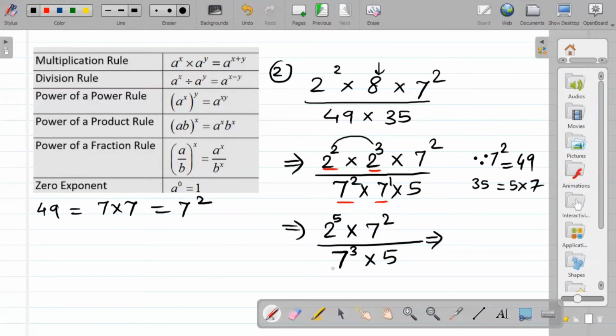Now 7 square on top and 7 cubed below. So 2 to the power 5 multiplied by this 7 square means 7 into 7.